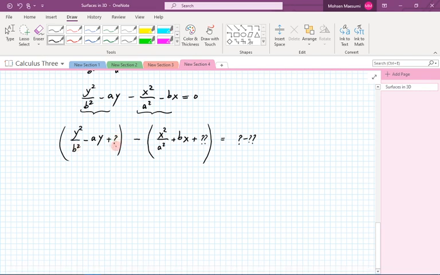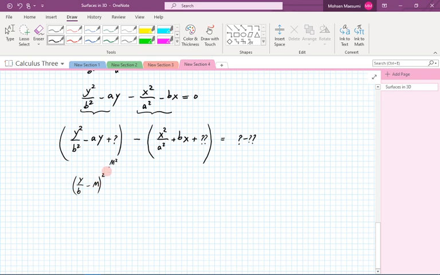So whatever this is, of course some quantity squared, let me write it like m squared. Then the square root of this and the square root of that have to be subtracted and squared, so I will have y over b minus m squared, so that from this expression I get that.